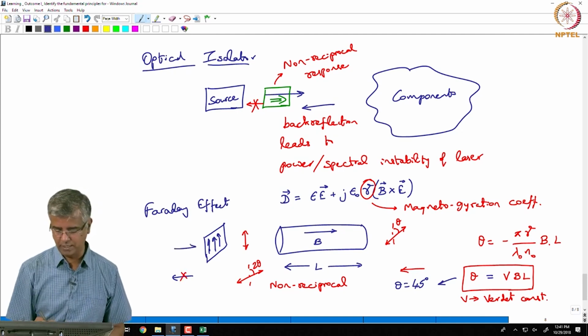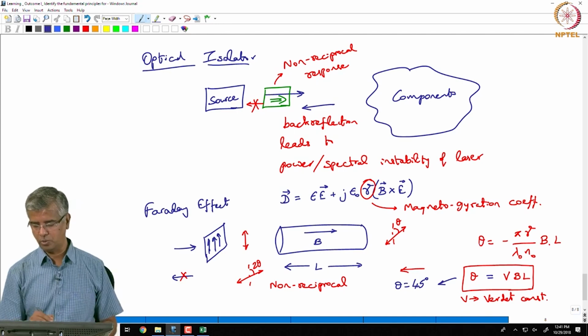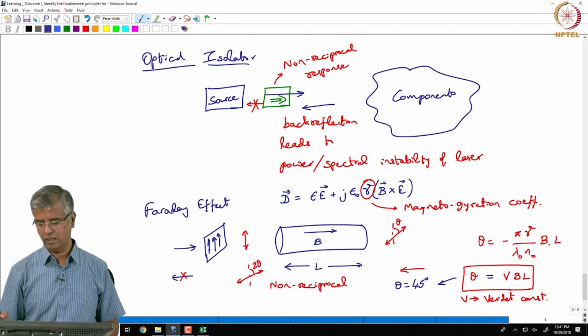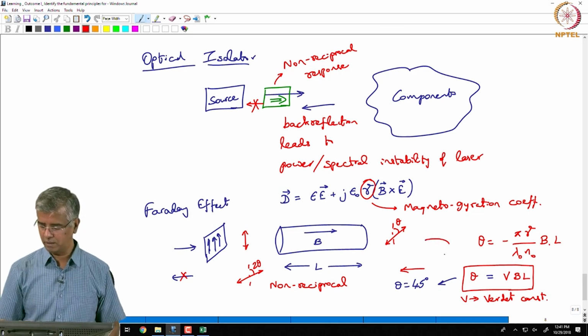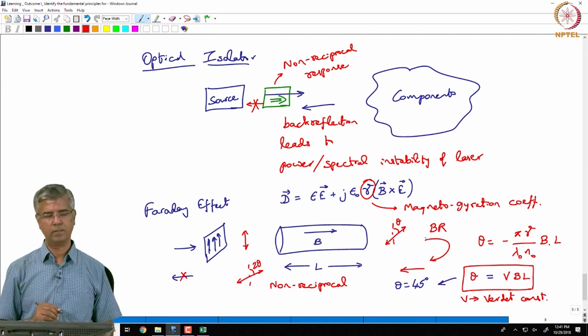Okay. So, you had light going this way, go through that material, go through theta equals to 45 degrees and go through any back reflection, right.